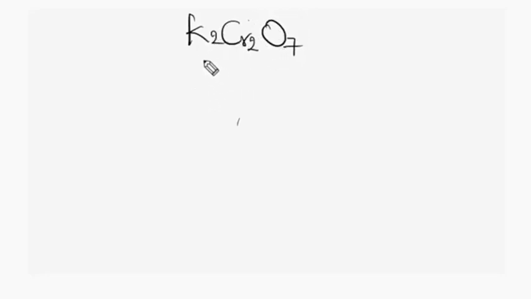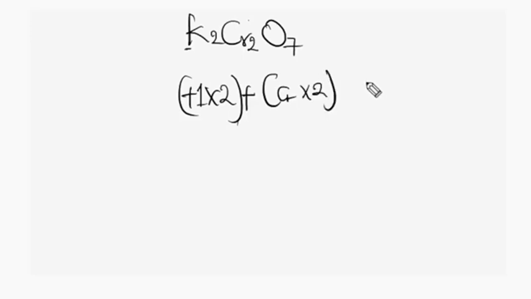The valence of potassium is +1, and there are 2 of them, so we multiply it by 2, then plus the oxidation state of chromium, which we are looking for, multiplied by 2, and then plus the oxidation state of oxygen, which is -2, multiplied by 7.